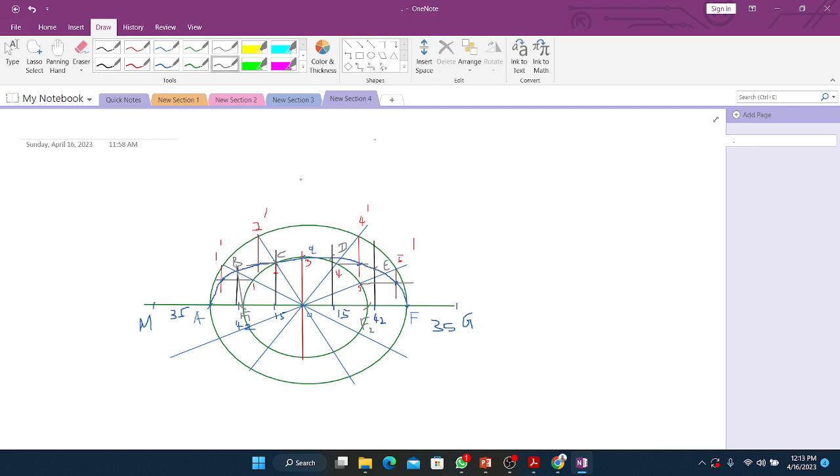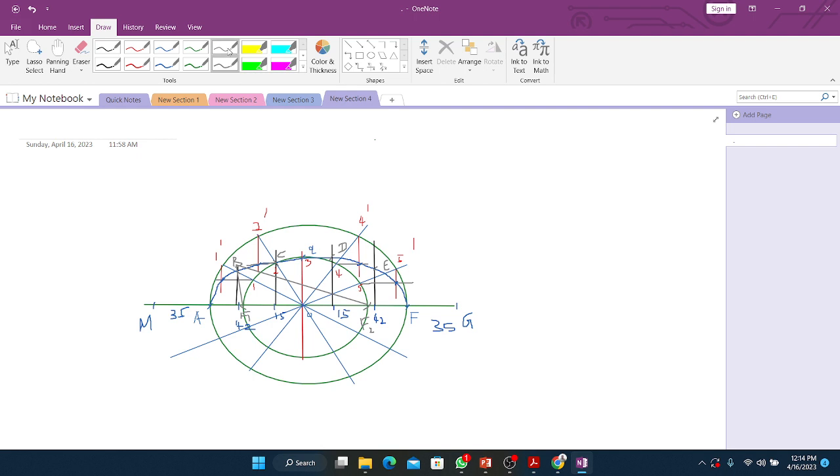After drawing those two lines, you have the angle F1B F2. You can bisect this angle F1B F2.